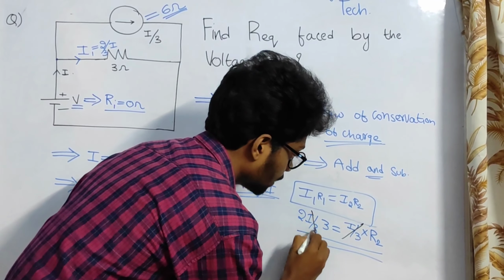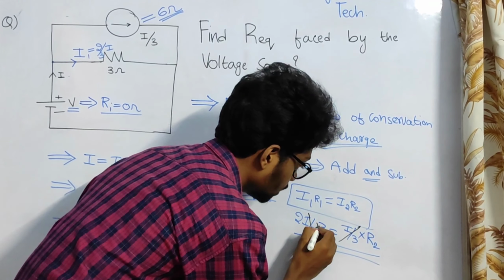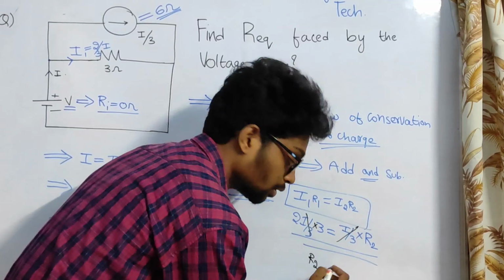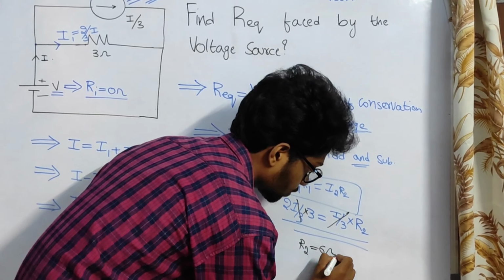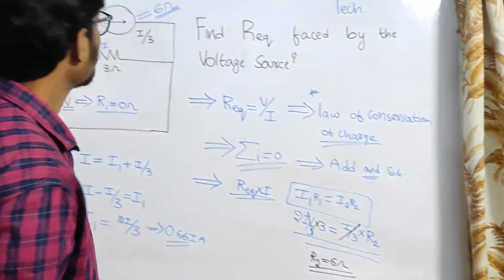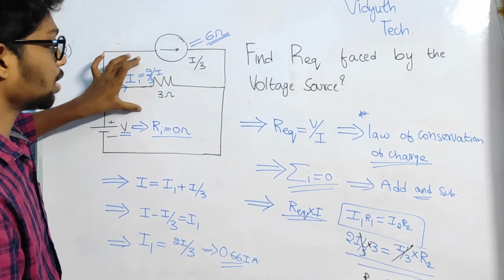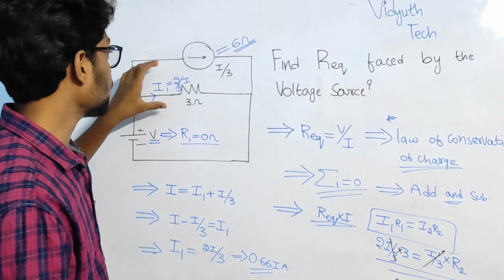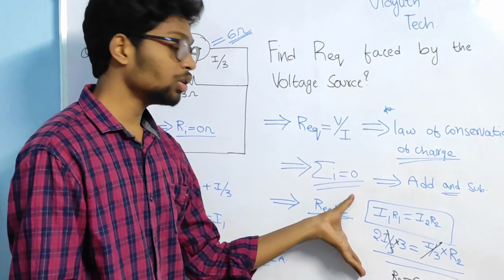I by 3 gets cancelled. Here you can see 2 into 3 is equal to R2, that is 6 ohms. I just did it by the relation. You can do either method, friends. I have taken it directly; by using this method you can do it.